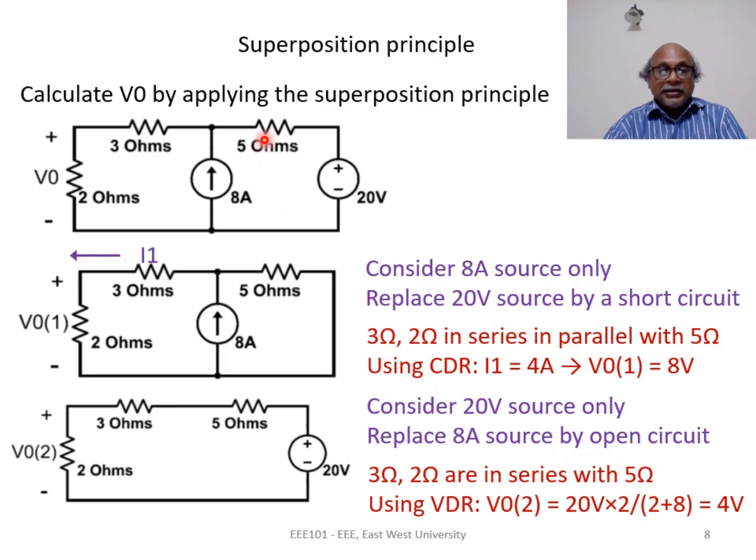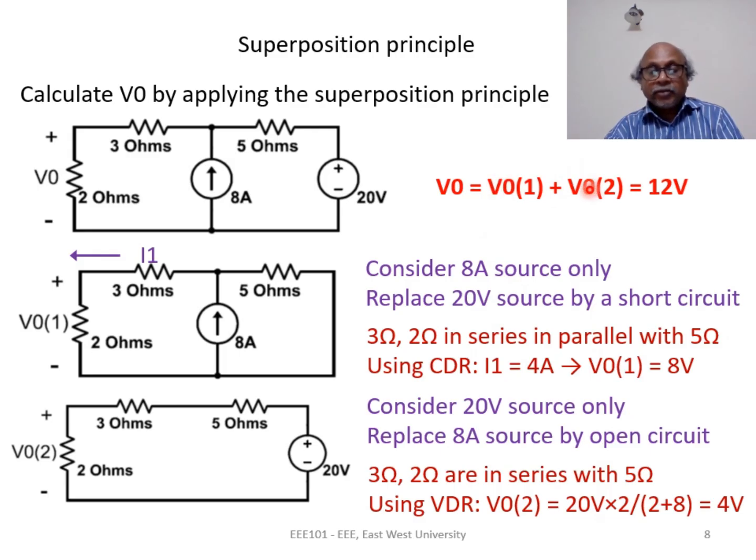So in our original circuit, the contribution of the 8 ampere current source to V0 is 8 volts. The contribution of the 20 volt voltage source is 4 volts. When we want to find out the total contribution, we add these two contributions and V0 is equal to 12 volts. Here is the application of the superposition principle.